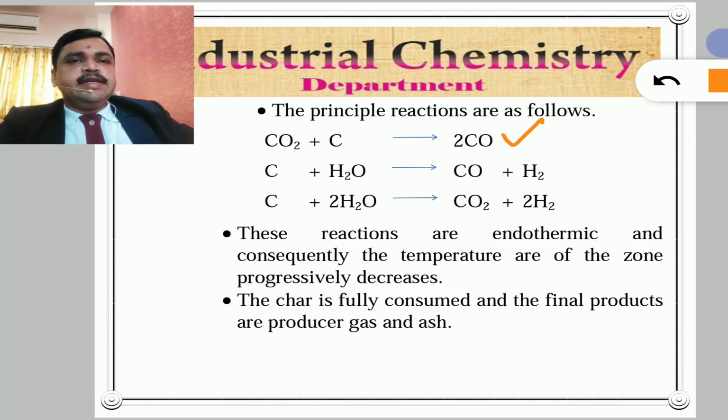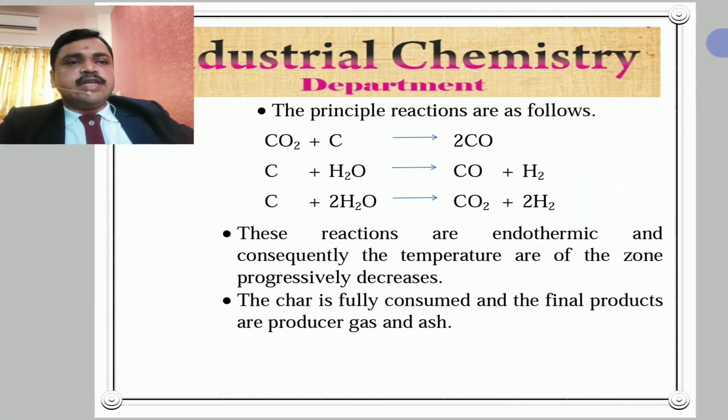Carbon is treated with water vapor, H2O, and converted into CO plus H2, a mixture of carbon monoxide and hydrogen gas. And in the presence of more water vapor, carbon is converted into carbon dioxide and hydrogen in the last zone.